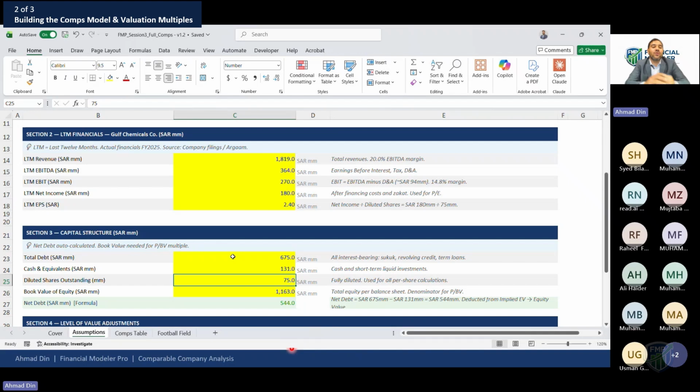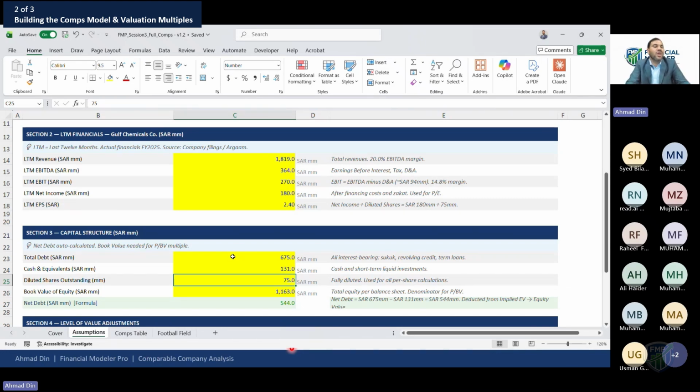Shares outstanding: for a private company, mostly the number of shares is not available. But we can still use this as an applicable method. If we want to calculate the exact per share value of the business, we can assume any number, like 100 shares, 200 shares, or 2 million shares.